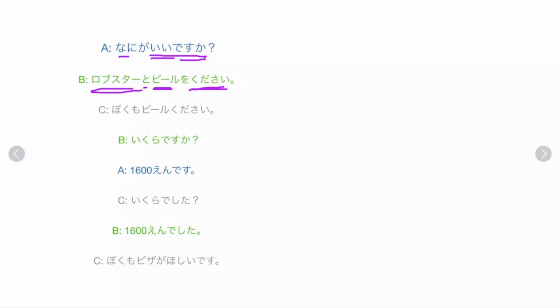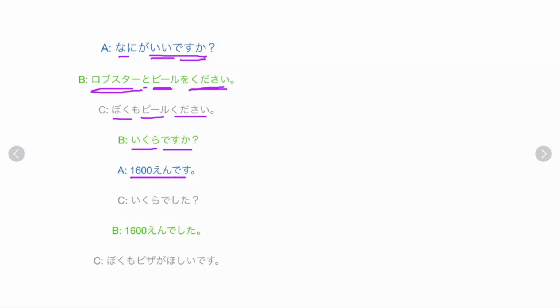And then C says, boku mo biru kudasai. Right? And he drops the o. It's okay in some cases to do that. So he says, boku mo biru kudasai. So I will also have a beer. B then asks, ikura desu ka? How much is that? A says, 1600 yen desu. Right? So A is the waiter and says, that'll be 1,600 yen.